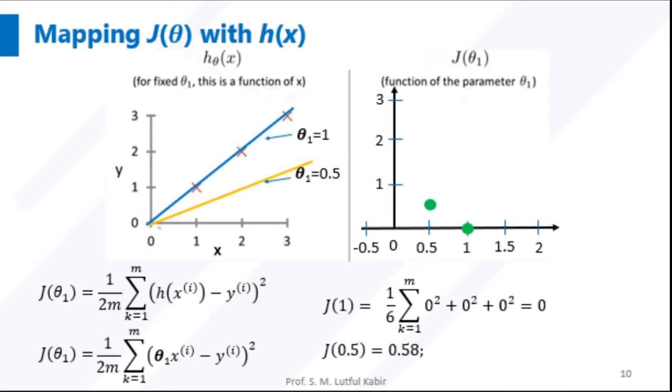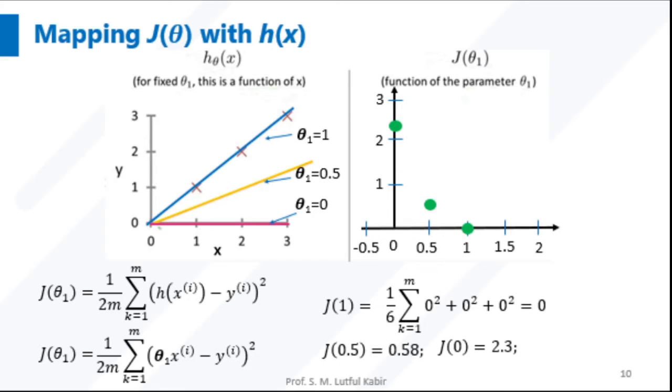Now let us do one more. How about if theta 1 is equal to 0? What is J of 0? It turns out that if theta 1 is equal to 0, then h of x is just a flat line. You end up with a value of J around 2.3. And of course, we can keep on doing this for other values of theta 1.